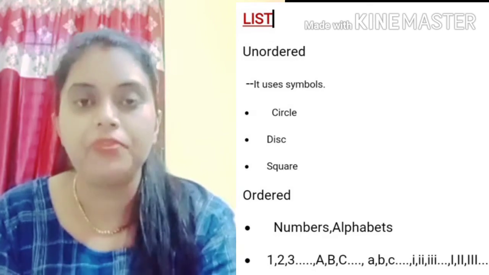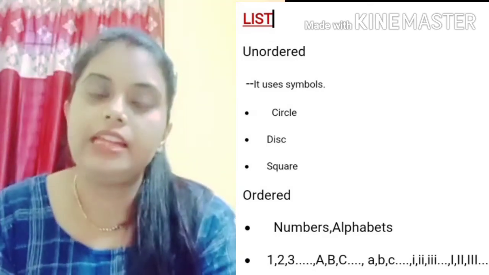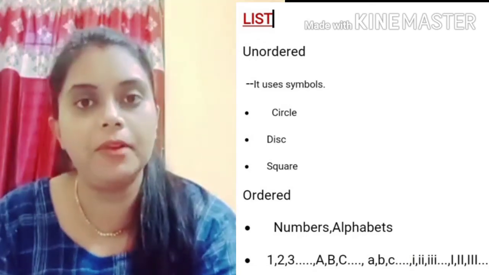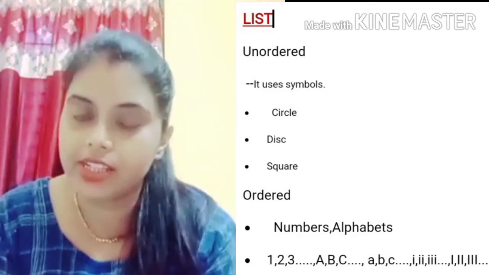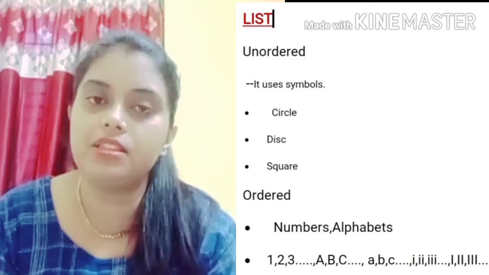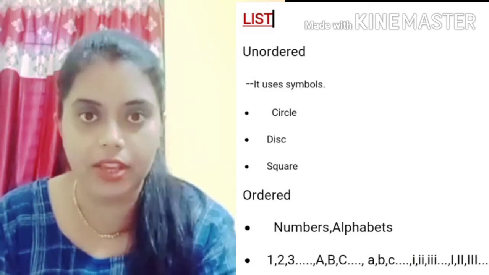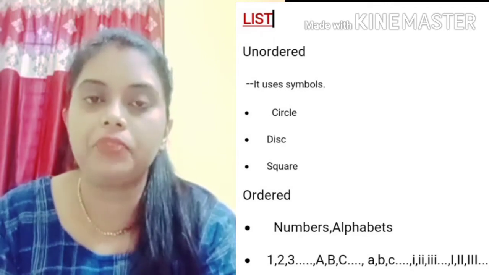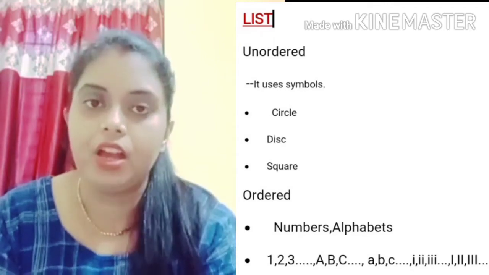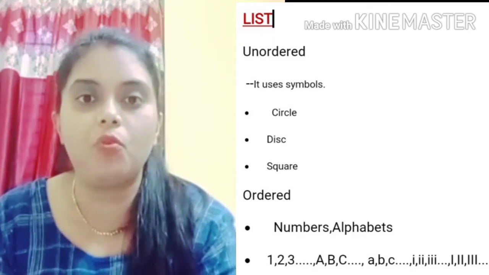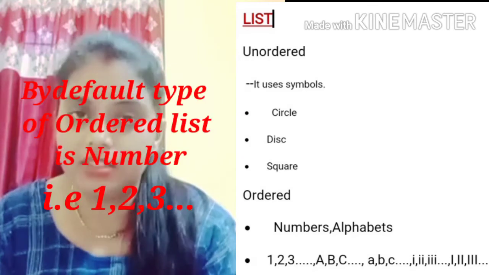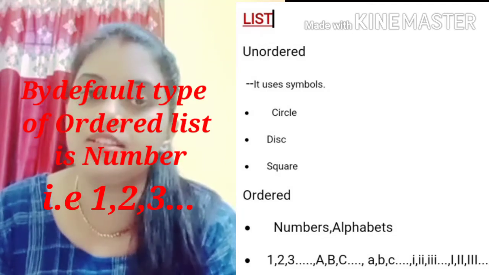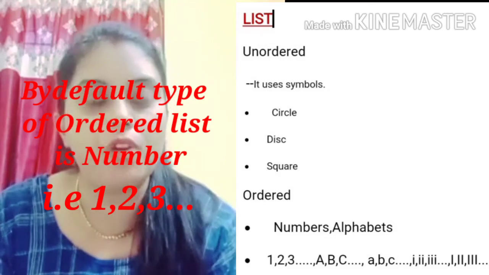For alphabets, it can be capital A, small a, or Roman numerals, small letter Roman i, or capital letter I. So in an ordered list we can use the type 1, A, B, this type. But by default an ordered list uses the type 1, 2, 3, 4.